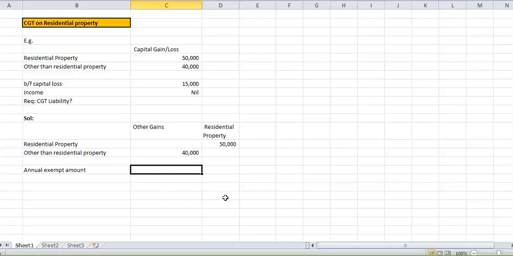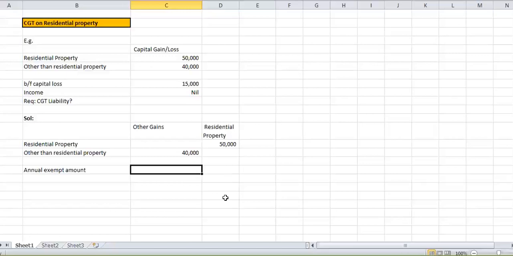So we will deduct it from residential property gains first. If gains from residential property are just £5,000, then the remaining annual exempt amount will be deducted from other gains. What is the logic behind this?